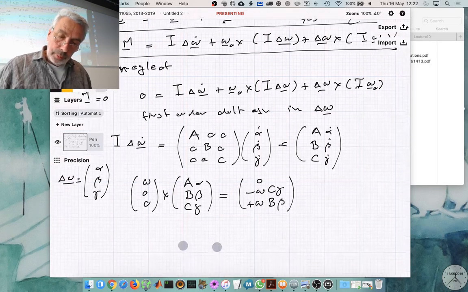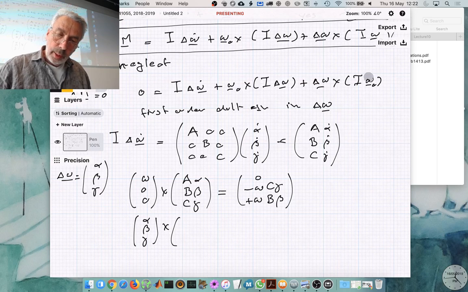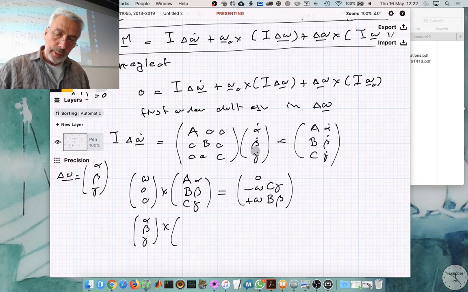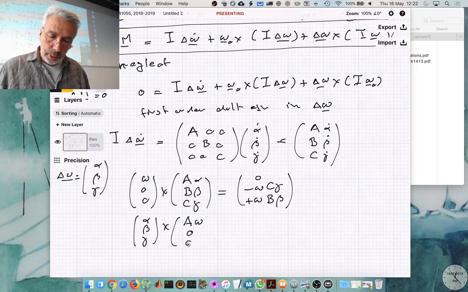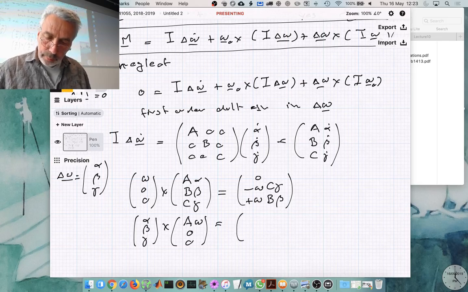Then the last one, that's alpha, beta, gamma, that's cross, and then I omega 0. That's super simple because we only have an omega here and the rest is 0, so that's A omega, and this is all 0. So then the first is again 0.